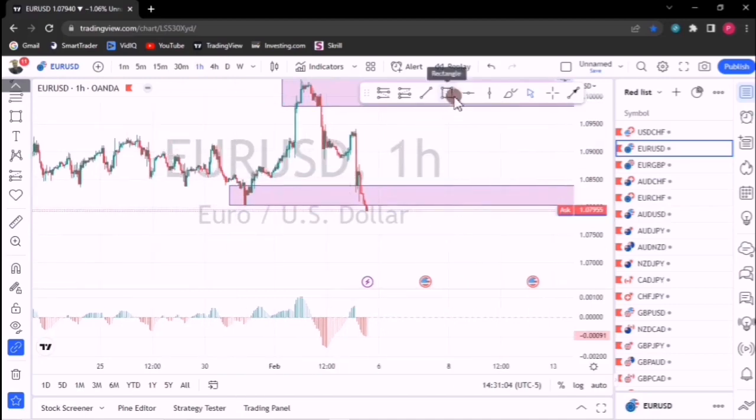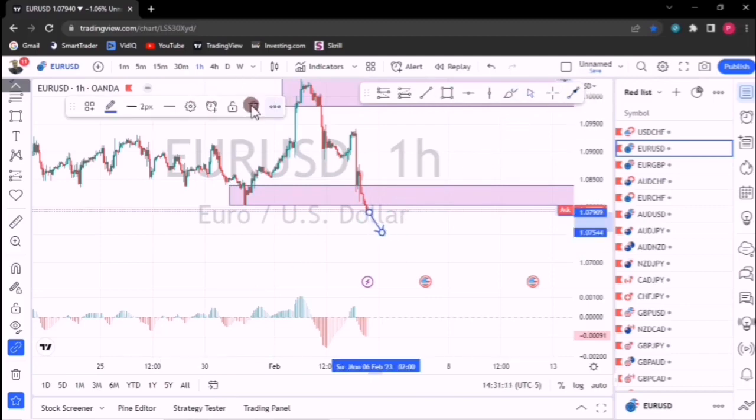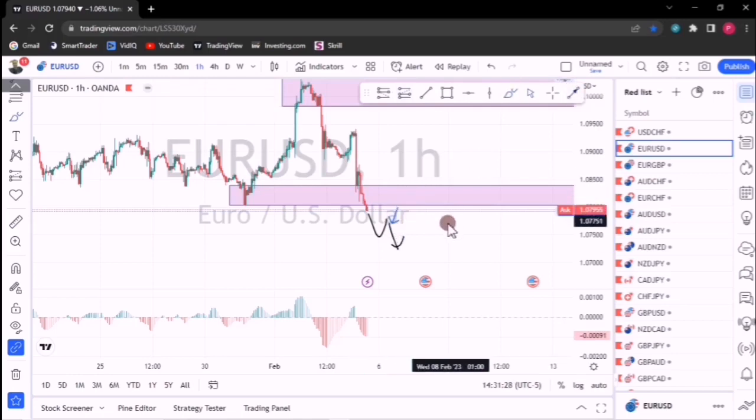What I expect from here is price, let me do this, I expect price to make a pullback and then continue in the downward movement. So I'm going to look for a trade somewhere at this point, at the pullback.